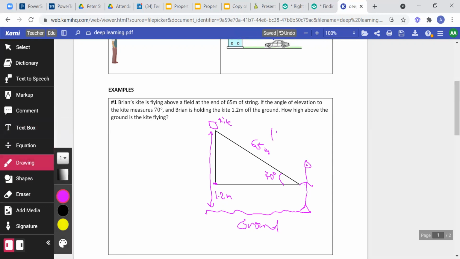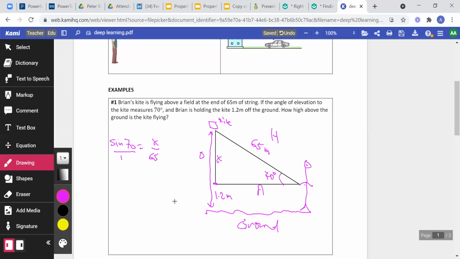Then this is the hypotenuse, the H; this is the adjacent side, and this is the opposite side, which is the X we're looking for. Since we have information about H, we're going to use sine. We take sine 70 equals O over H. O is X, H is 65.